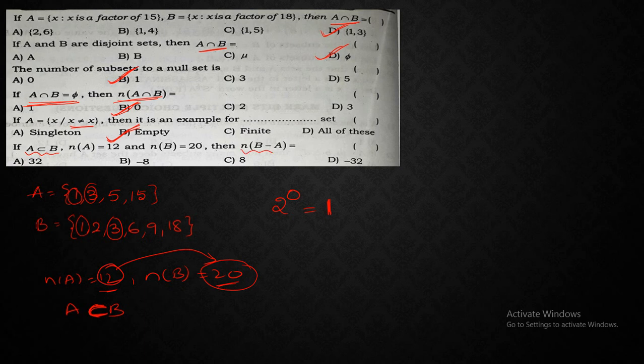Now he is asking n of B minus A. That means we need to remove all the elements of A that are present in B. So out of 20 elements, these 12 elements we need to remove. Then how many elements will be left? Totally 8 elements. So the answer is 8.